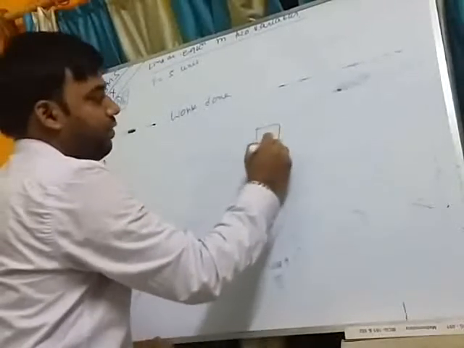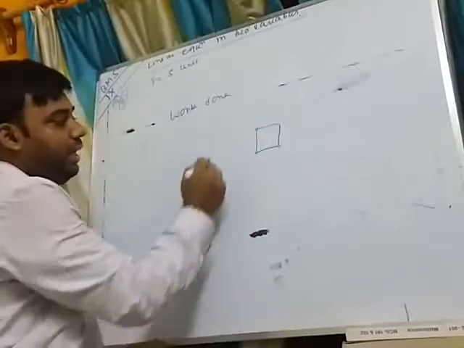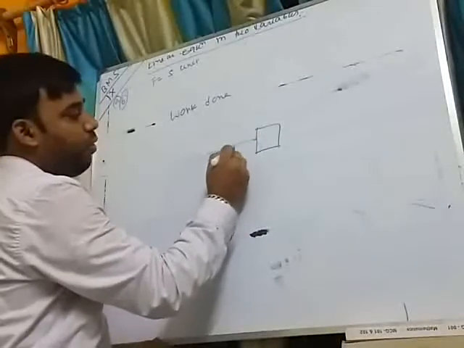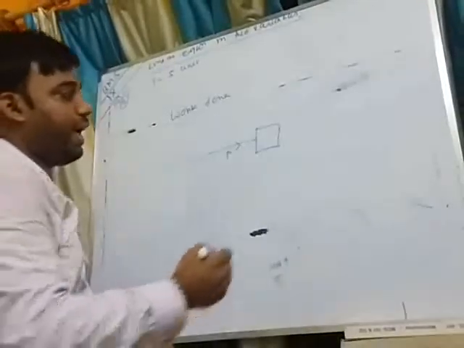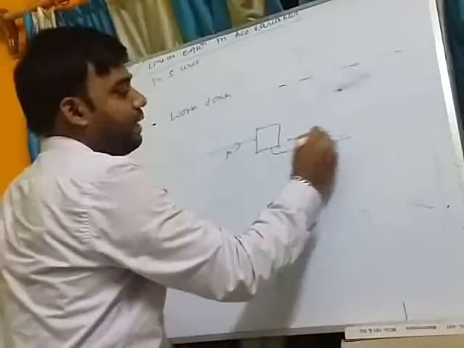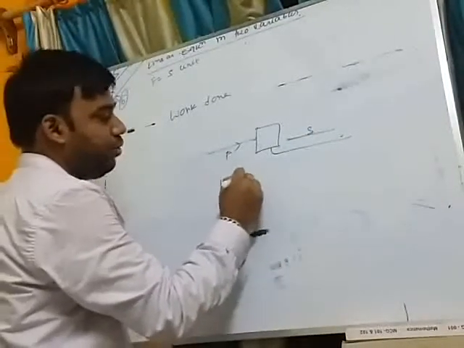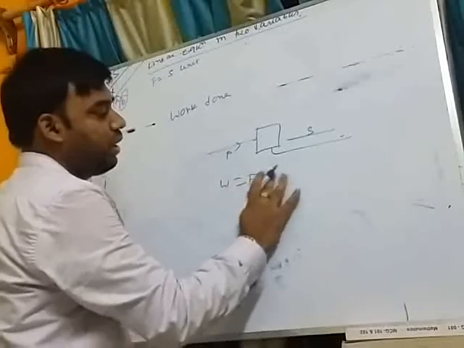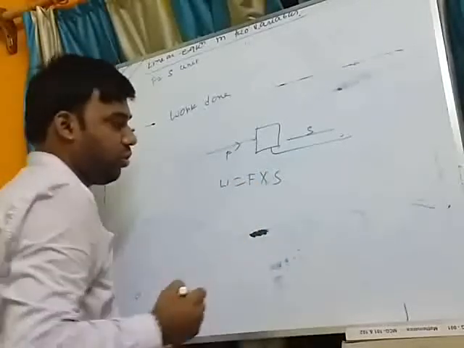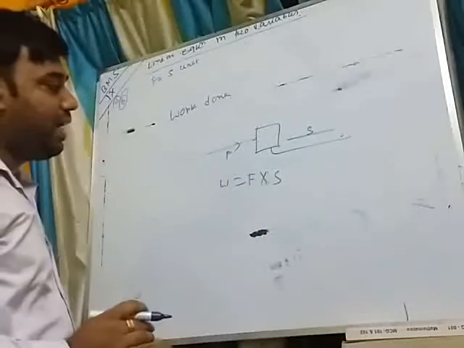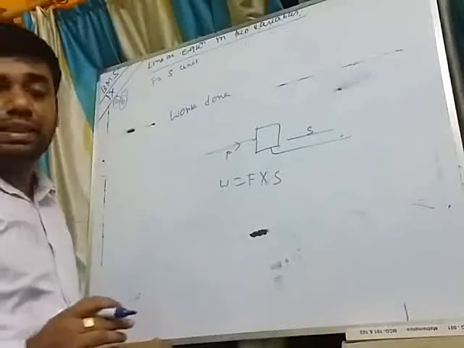It means if a box is there, if you apply F amount of force on that body and it moves S distance, then work done is F dot S. You can take it as F cross X or F into X. That is the definition of work done.